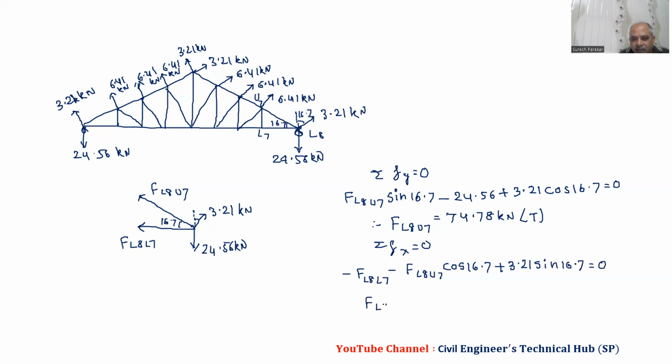From this we will get FL8L7 equal to 74.78 into cos 16.7.